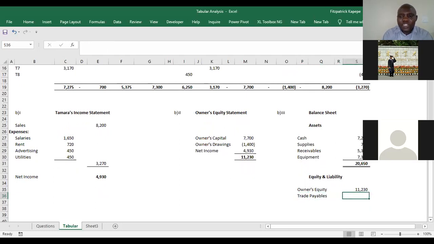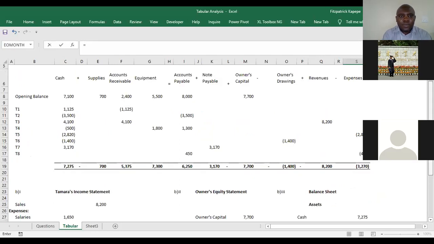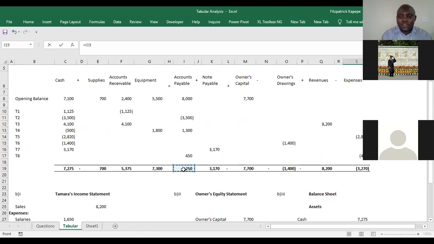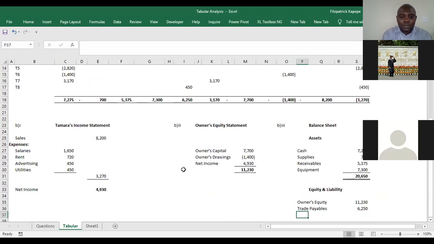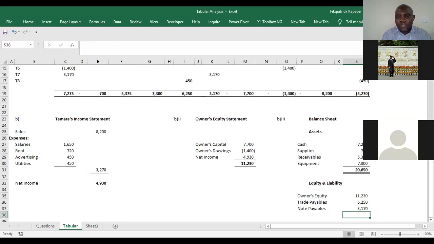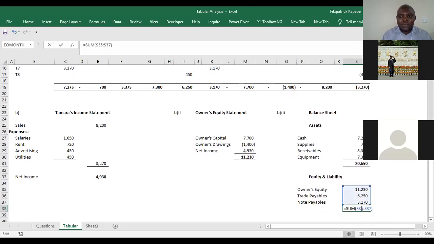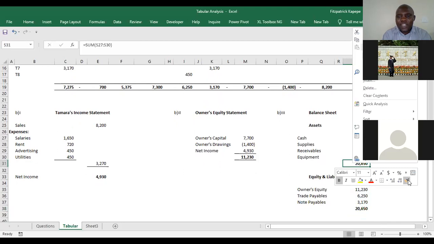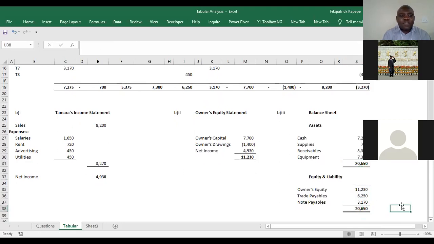I don't know if they're being called trade payables or accounts payables, it's okay. You pick. You have notes payable, meaning these are long term, which is 37. Let it balance. If it doesn't give us 2650, then we are in problems. Done with the balance sheet. Any questions up to the balance sheet? The cash flow is a small thing, just a small thing.